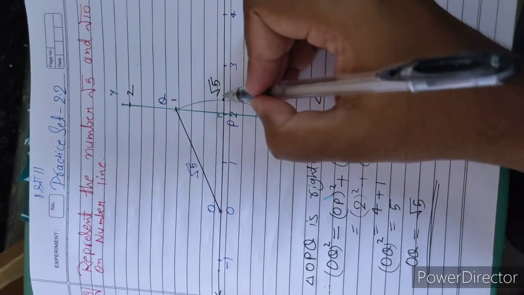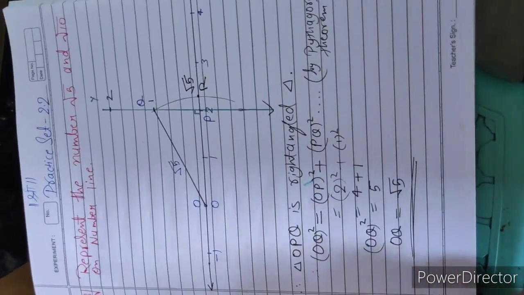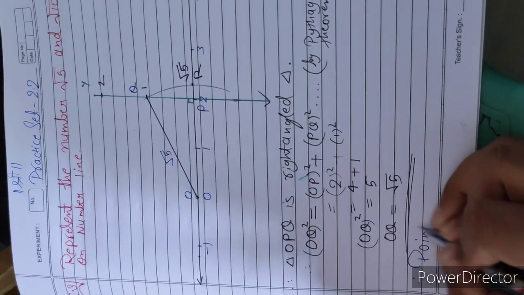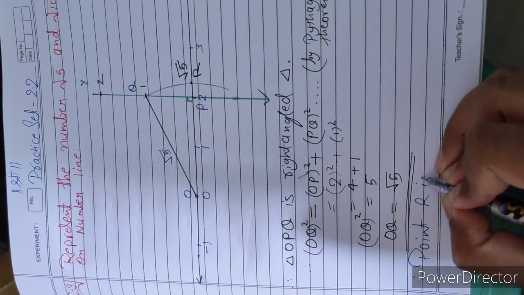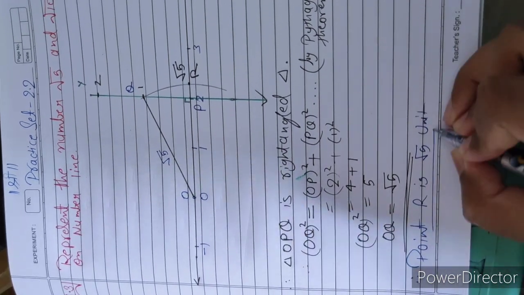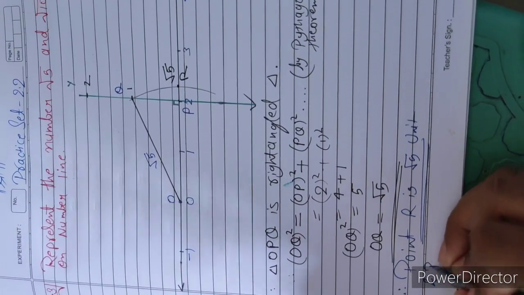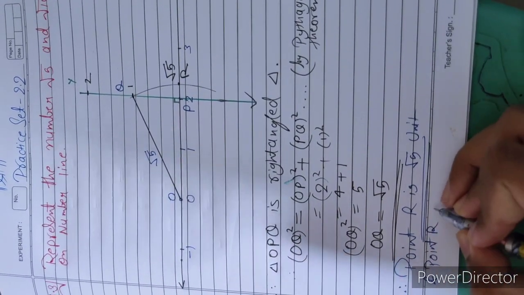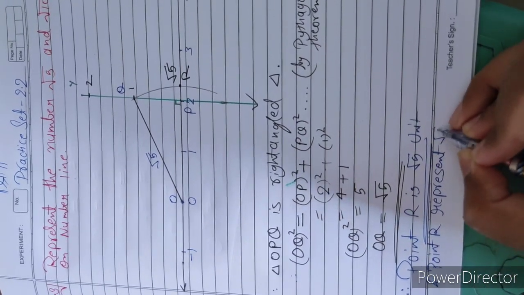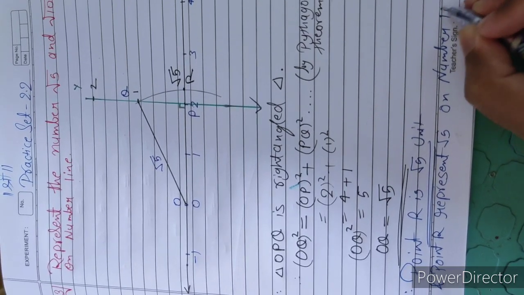Okay, so here we will name it R. Now in the final answer we will write that point R is root 5 unit, and point R represents root 5 on the number line.